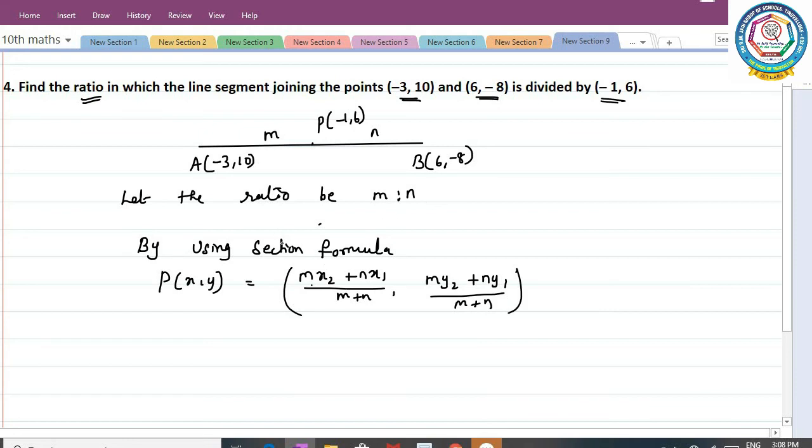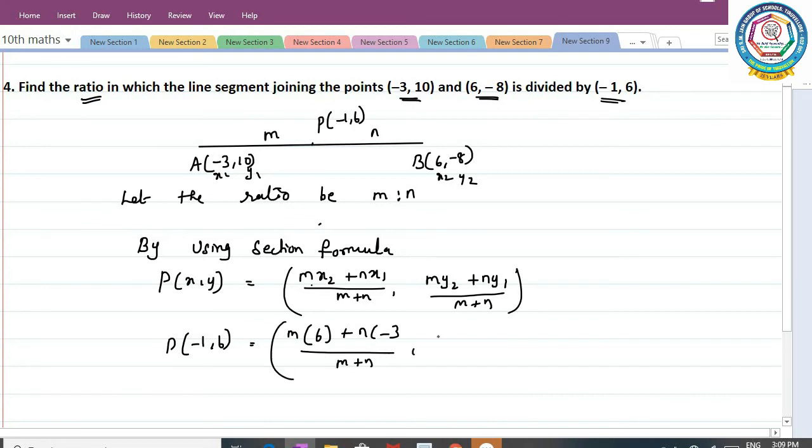So what is x1, y1, x2, y2? This is x1, y1. This is x2, y2. Then what is P of x comma y? That is P of minus 1 comma 6. m we do know. x2 is 6, plus n, x1 is minus 3, by m plus n.